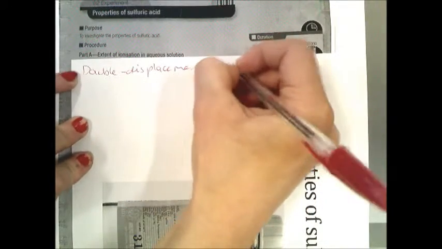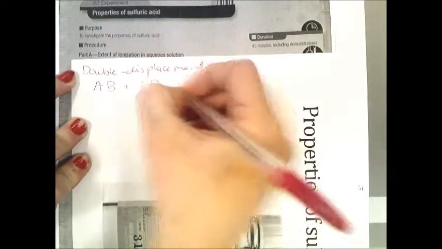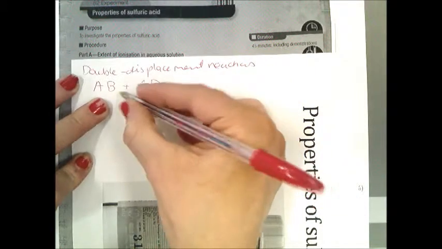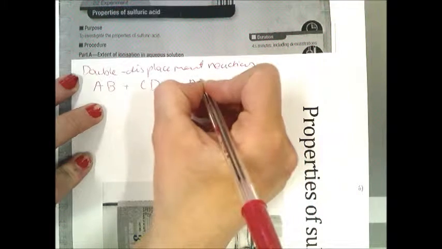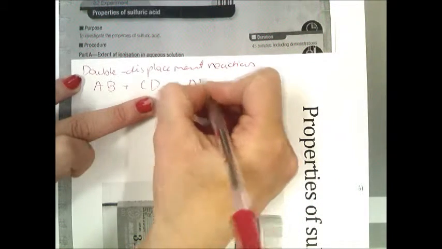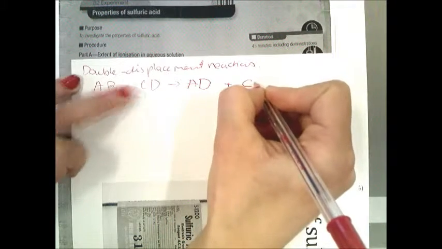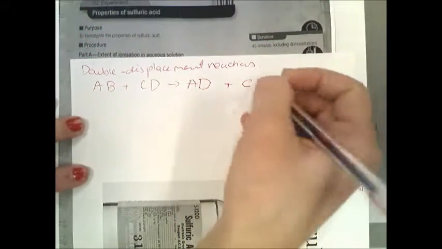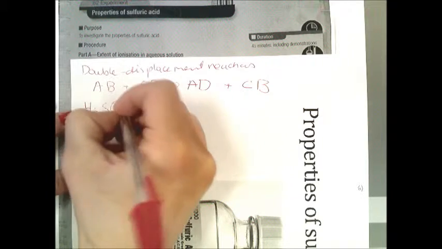Double displacement reactions are those which involve anions swapping cation partners. So AB plus CD produces AD and CB. Basically, they swap partners. Now in this case we have H2SO4.